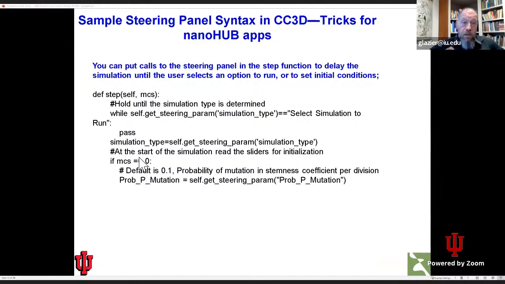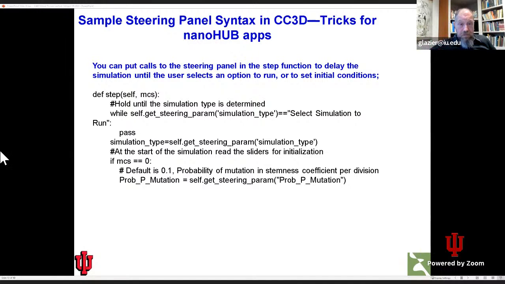Am I going to run the one where I load my SPML or antimony model into a single cell, into all cells of a given type, or into all cells? So I could create a pull-down menu that allows me to select which of those I want. But that's typically something I do at the beginning of the simulation.